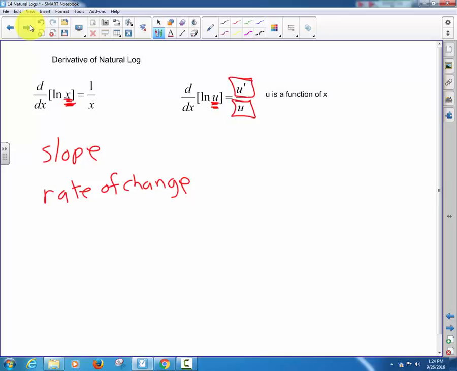That's the reason I've got the prime up there on u. So this is just another definition of derivative that you've got to remember. ln of u is 1 over u times u prime: 1 over the argument times the derivative of the argument. That's all the calculus we get to learn today.